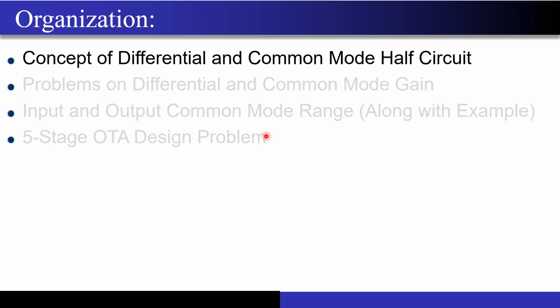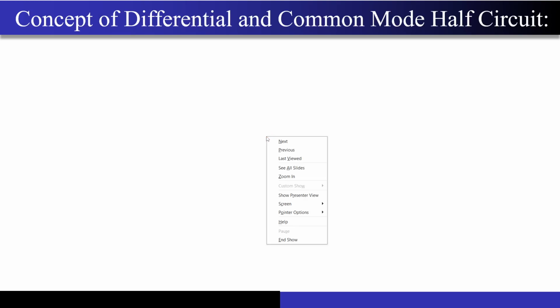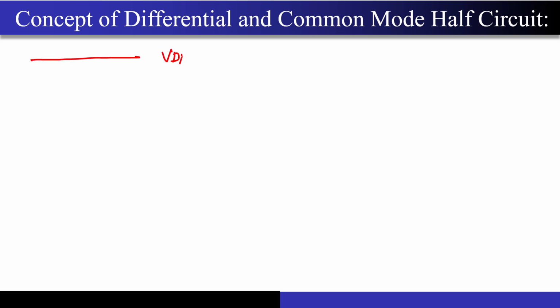So now let me just start with this. Let me turn on my pen. So what is this concept of differential and common mode half circuit? I hope all of you are at least familiar with the differential circuits, at least you have watched the lectures. These differential circuits are nothing but you have some symmetric load. What do I mean by symmetric load? If Z out is present on the right side, this will also be present on the left side.